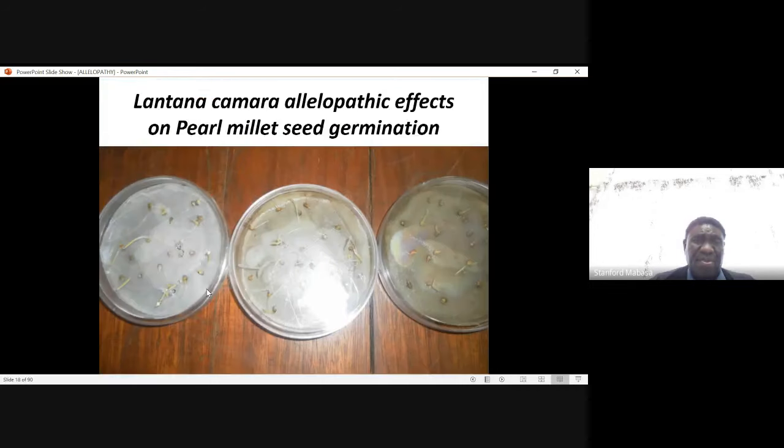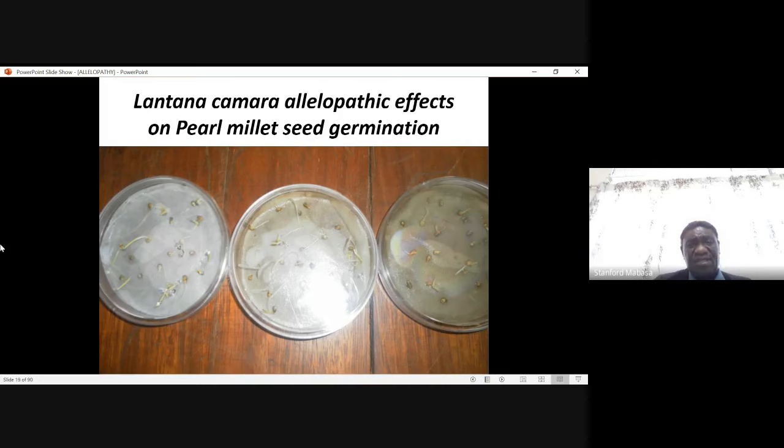This is a paper which was done by Kwembeya at UZ, where he assessed the allelopathic effects of Lantana camara on Bidens pilosa and pearl millet. Now, in this study, he used petri dishes to study the germination of pearl millet and Bidens pilosa.